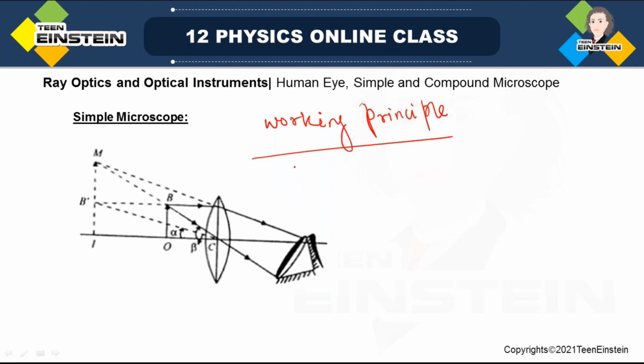I'll divide it into two parts. One is when the final image is formed at the least distance of distinct vision. Least distance of distinct vision means what?